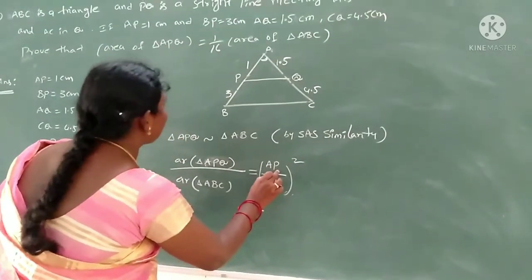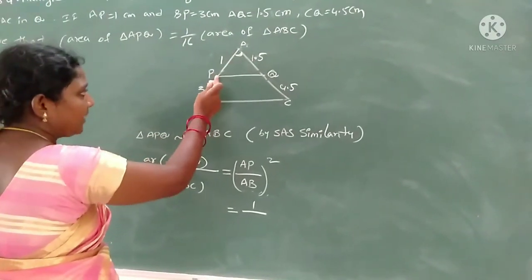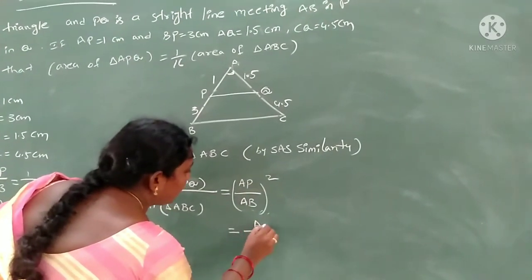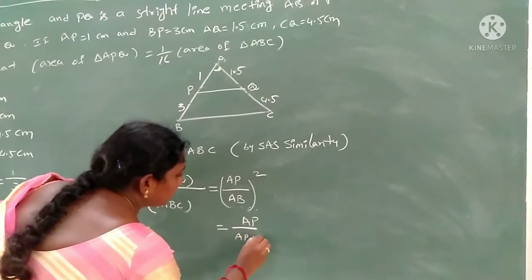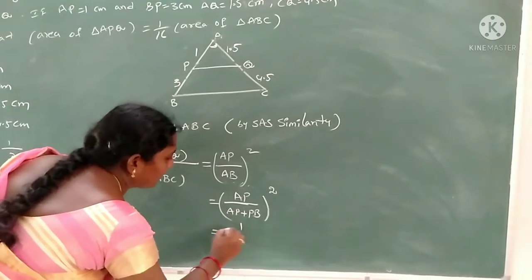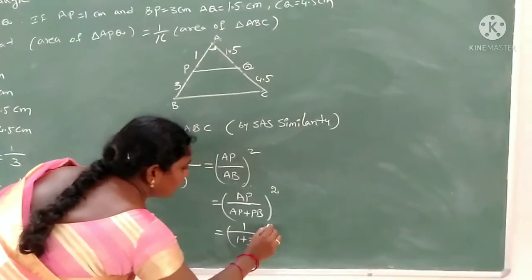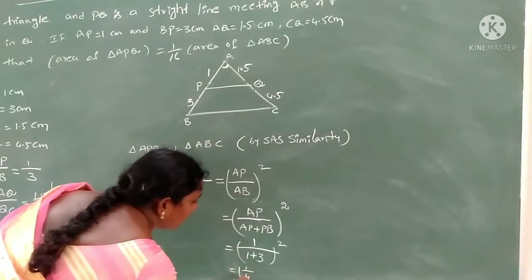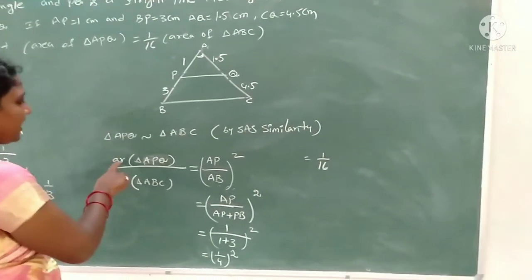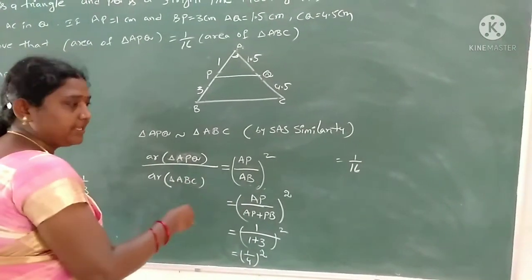That equals AP value 1 by AB, which means AP plus BP. So AB value, AP plus PB, whole square. That equals AP value 1 by AP value 1 plus BP value 3. So 1 plus 3 whole square. That equals 1 by 4 whole square. That equals 1 by 16. Area of triangle APQ by area of triangle ABC equal to 1 by 16.